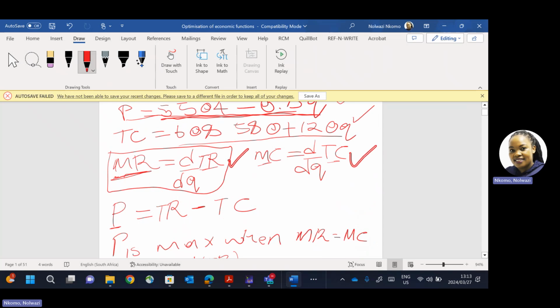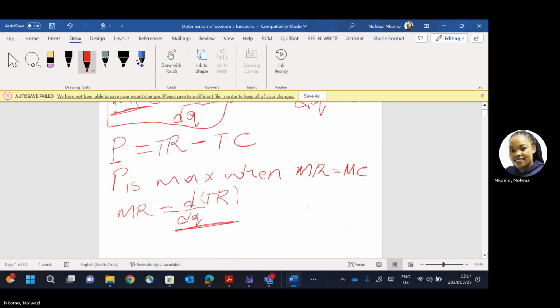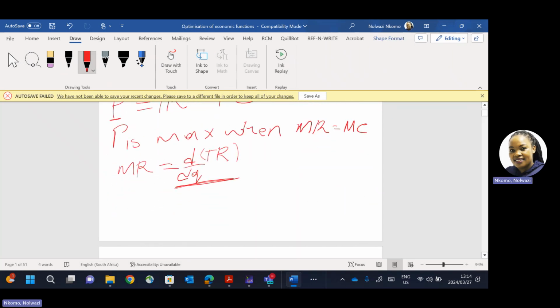Because remember, this is the formula for finding the total revenue if you are given the demand. It would be total revenue equals the demand function times the quantity demanded, the units of the quantity demanded.